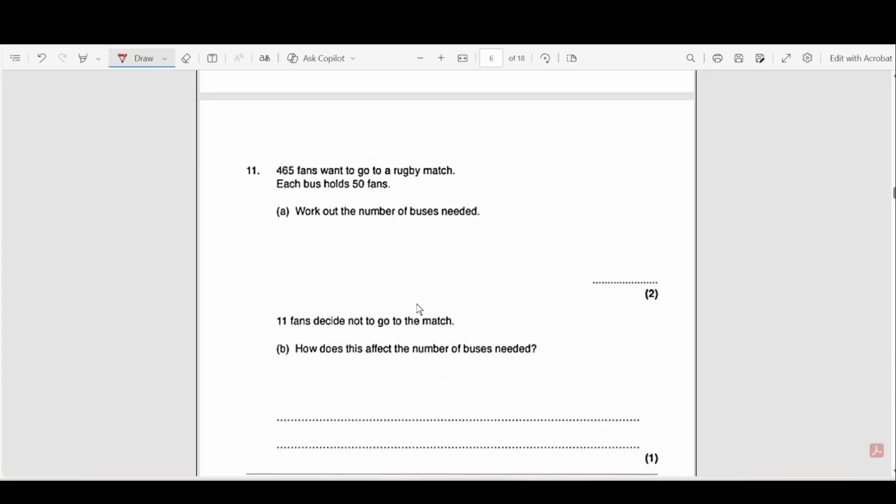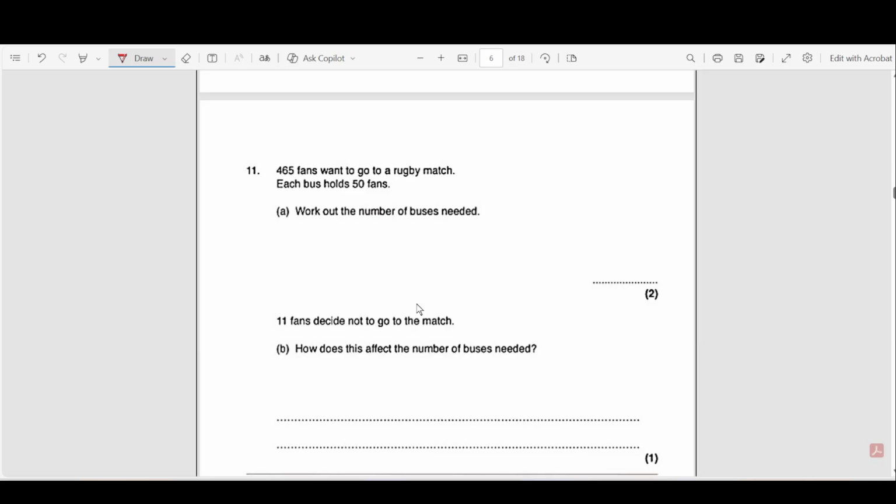Okay, now let's do question number 11. So here we have 465 fans want to go out to a rugby match, and each bus holds 50 fans. We need to work out the number of buses needed. So here we will divide the total number of fans by bus capacity to find number of full buses, and see if there is any remainder.